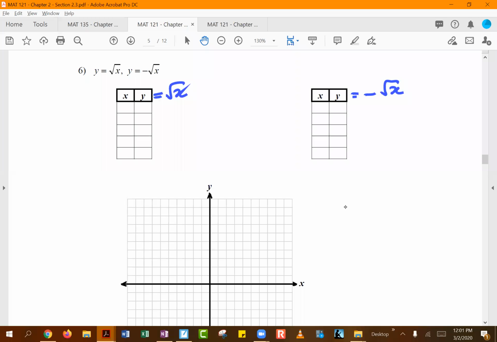Okay, so you've got 0, 1, 4, 9, and we can't really graph the 16, but we can put it in there. X values will stay the same no matter what. It's only the y values that will become negatives for the positives.